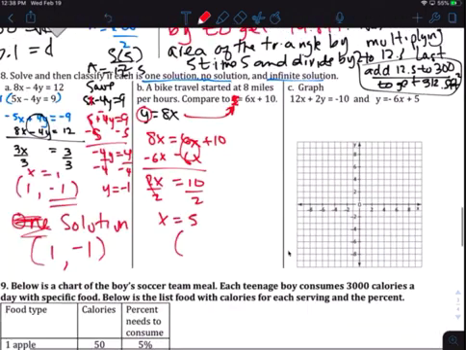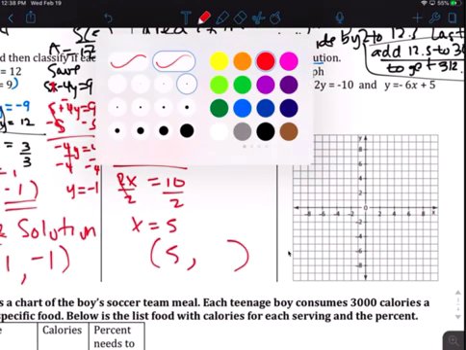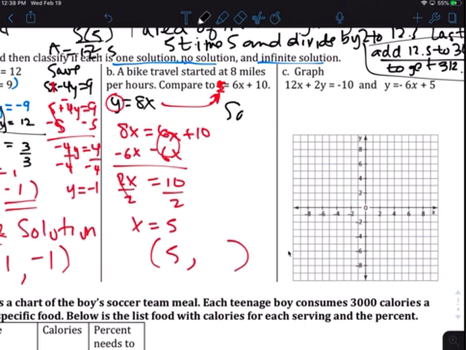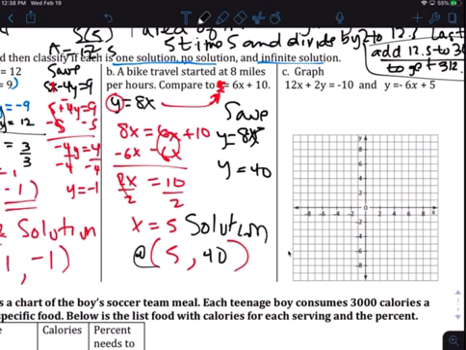So the solution is 5 and some number. We're going to save that 8x, and then you put 5 in there, times 5, y is 40. So it's one solution at (5, 40).